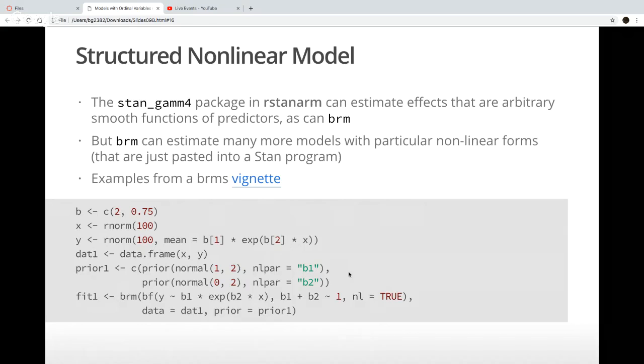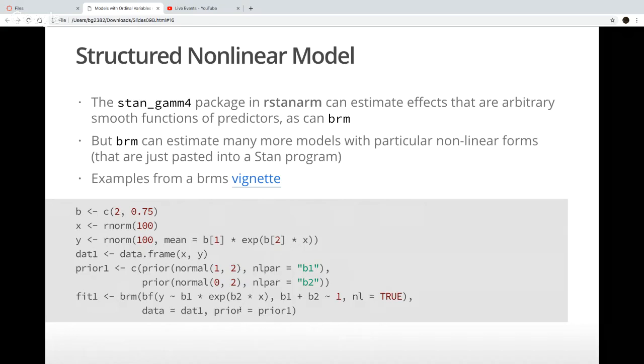Sometimes when you estimate some of these more complicated formulas, you have to wrap them in the bf function, which is not base factor, but brms formula, to basically do a formula that has this sort of structure to it. Rather than being additive, it's multiplicative and exponential.